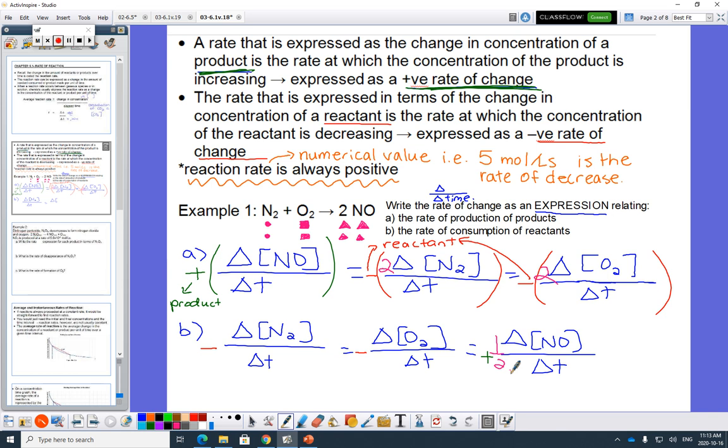It is tempting to just put the coefficient with the substance, but you're trying to relate the other substances to that one. So it's kind of opposite if you like a shortcut. The rate of production of this is twice as fast as these are consumed because 2 is 2 times bigger than 1. The rate of consumption of these two is half as fast as NO is produced because 1 is half of 2.